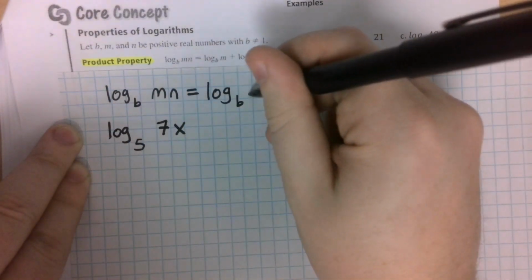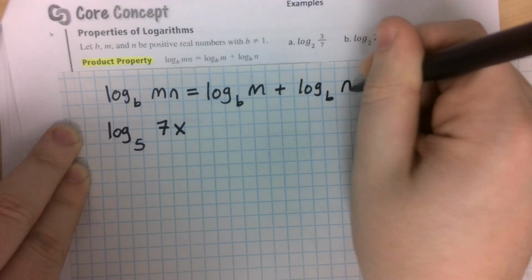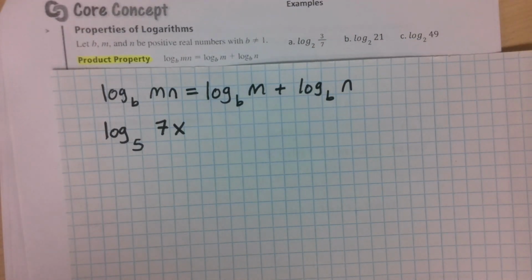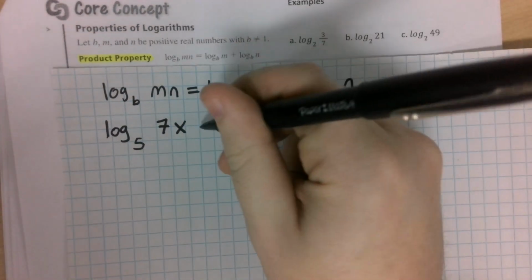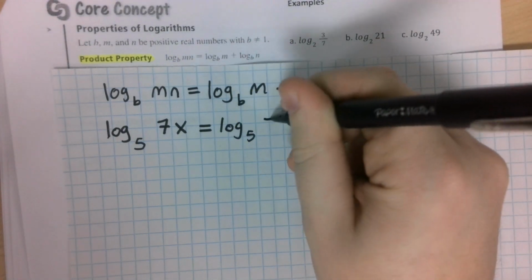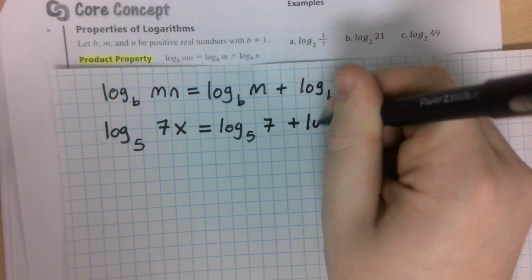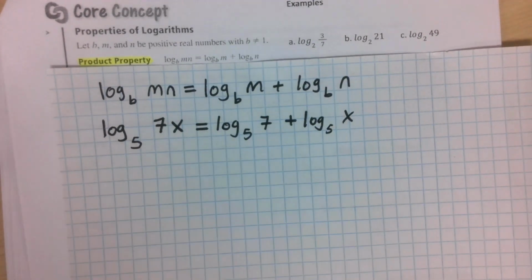Log base b of m plus log base b of n. So if I have log base 5 of 7x, we can rewrite this as log base 5 of 7 plus log base 5 of x. We just split up the argument.